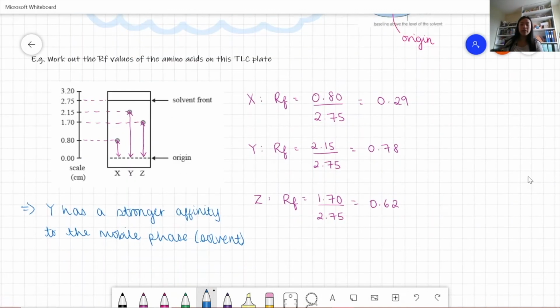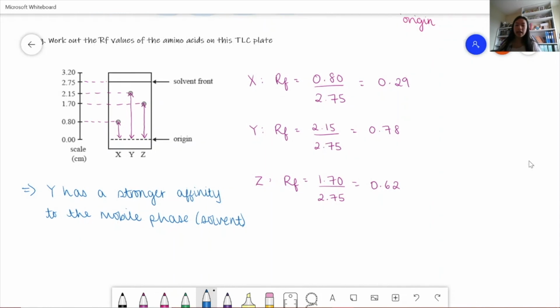And so then we can say that it has a higher RF value, because we can see that from all our values, because this Y here has the biggest RF value.